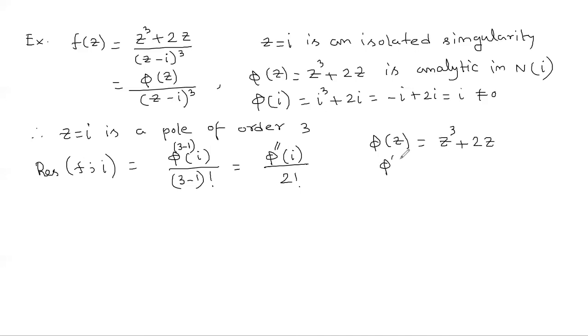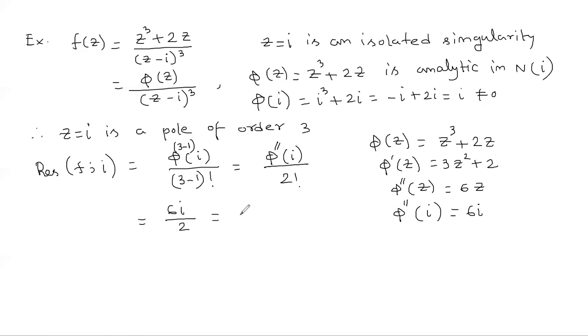So phi dashed of z is equal to 3z square plus 2, and phi double dashed of z is equal to 6z. So here phi double dashed of i is equal to 6 times i. So our residue is given by 6i divided by 2, that is equal to 3i.